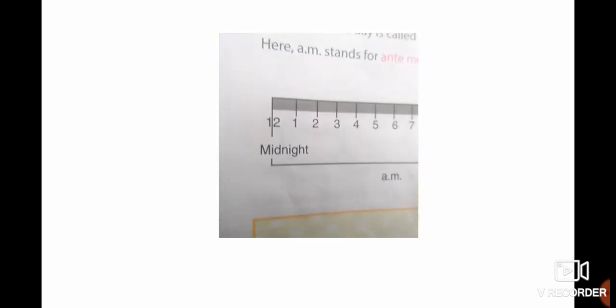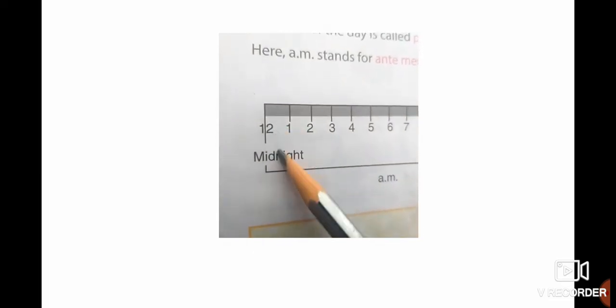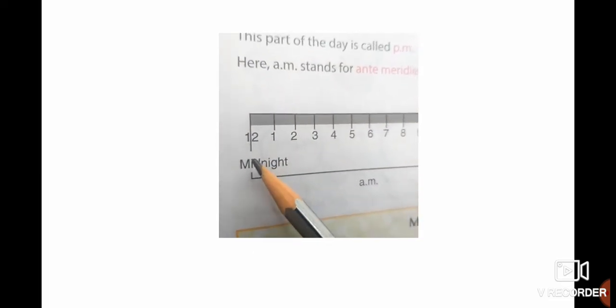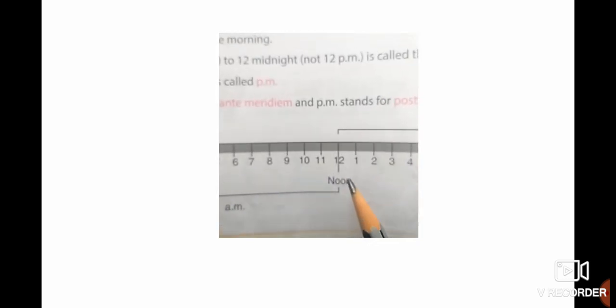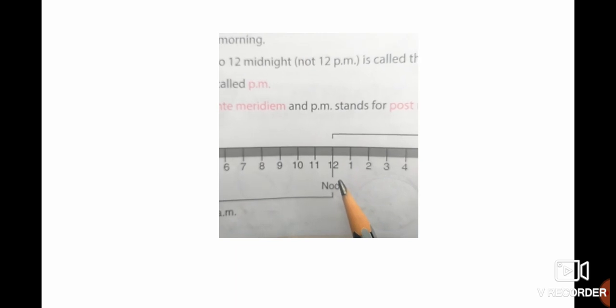So students, here we can see that the day starts from midnight 12, right? When it completes one half till 12 afternoon, in that we write the time as AM. And when the other half starts, from 12 afternoon to 12 midnight, that time we write the time as PM. Okay, so now we are going to solve the exercise.